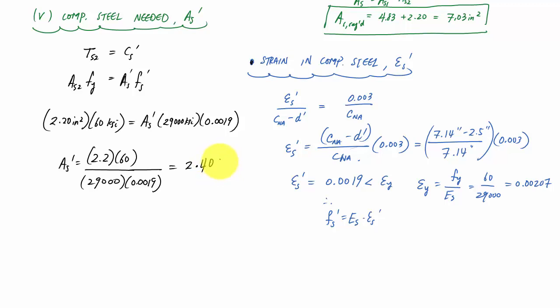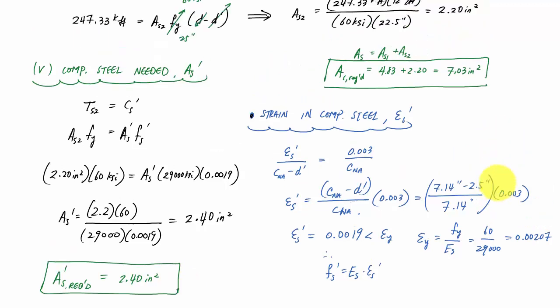Yep, 2.40 inches squared. So that is the compression steel As prime required. And that's it.